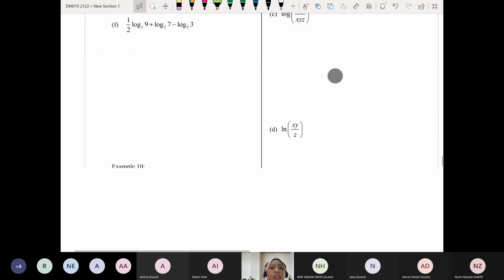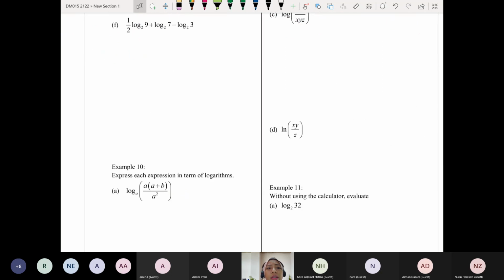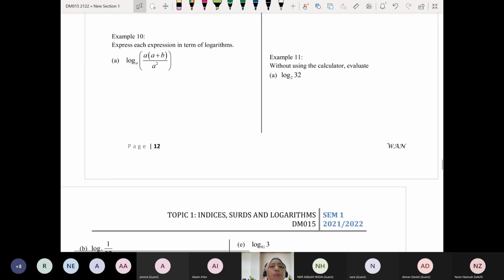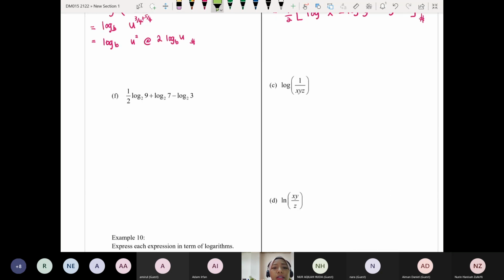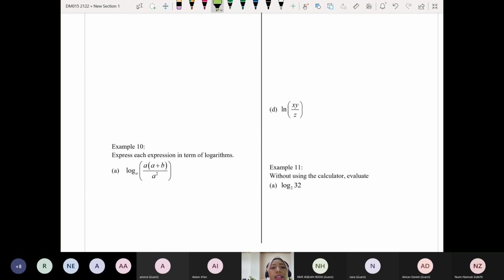Because what does this question ask? Example 10 says express each expression in terms of log. That's why we break that up. Like earlier, for each expression we had 3 terms and combined them as one term, but example 10 is the other way around.